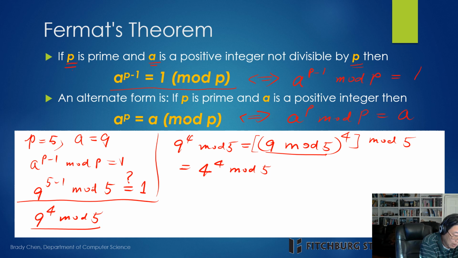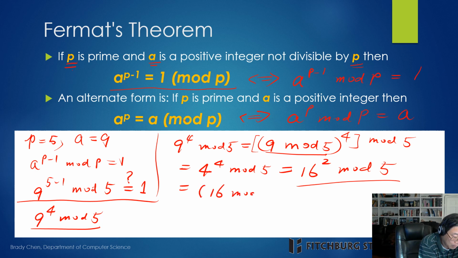Okay. And then 4 to the 4, we can write as 16 squared, right? Mod 5. And use the property of the mod operation. So it is the same as 16 mod 5 squared, mod 5, right? 16 mod 5 is 16 divided by 5, so the remainder is 1. So 1 squared mod 5.